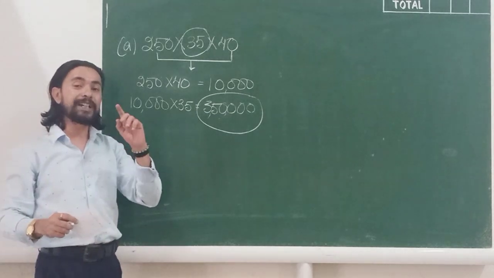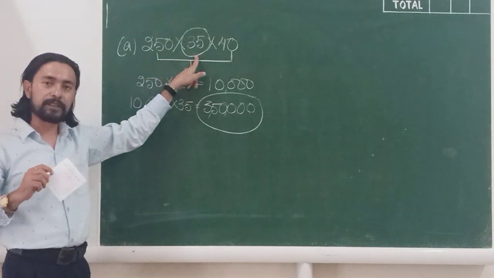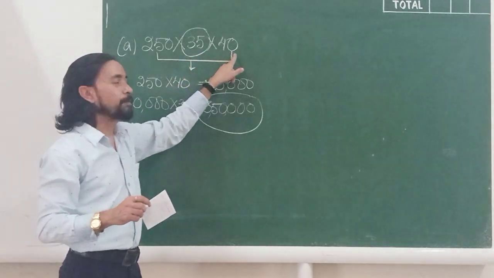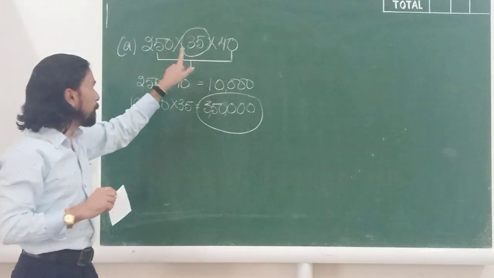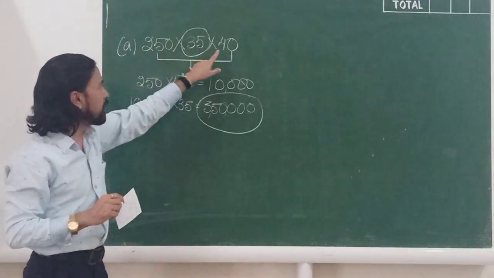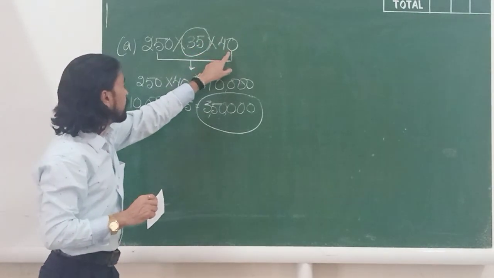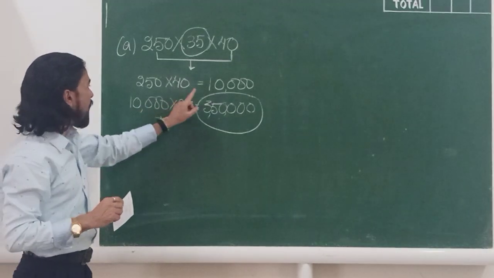If you had to do it methodically, then you would have to multiply 250 by 35, get an answer, and then that answer would have to be multiplied by 40 to get your final answer. But here, because I may know that 250 into 4 is 1000, or 40 into 25 is 1000, I only have to add another 0.